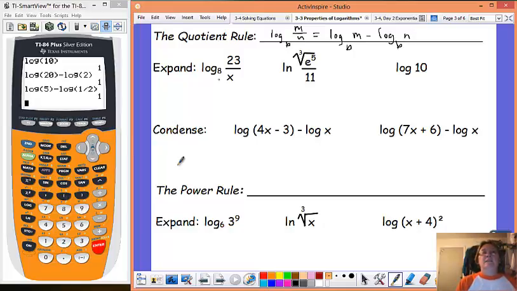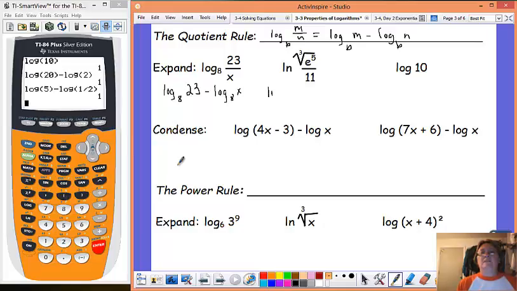We're expanding here. So as we look at this one, we do have a quotient, so we should expand this way. The log base 8 of 23 minus the log base 8 of x, whatever that might happen to be. The next one looks a little bit more frightening, but it isn't really. It's still a quotient.